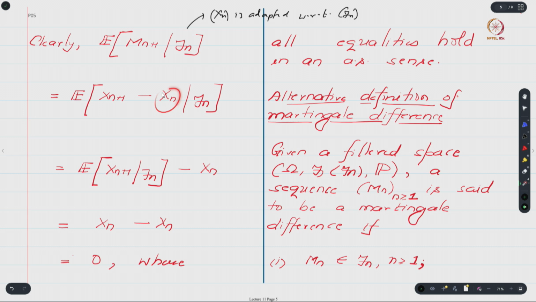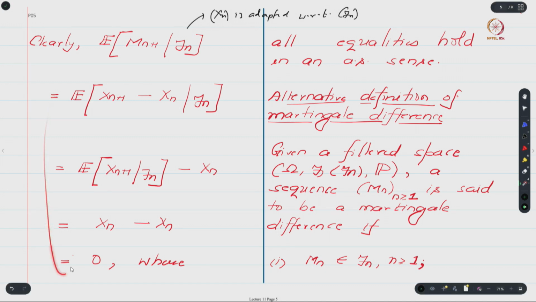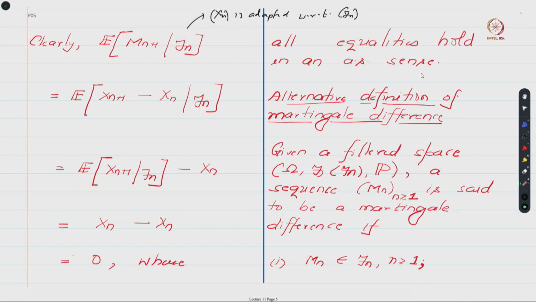However, xn is measurable with respect to Fn, hence the conditional expectation of xn with respect to Fn is xn itself. Now from the Martingale property, the conditional expectation of xn plus 1 given Fn is xn, and from this we have xn minus xn, which is 0. I would like to again highlight that because we are working with conditional expectations, all these equalities actually only hold in an almost sure sense.